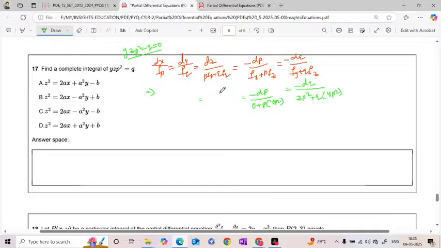Next one, dx by fp is 2yzp and fq is minus 1, and dz by p fp plus q fz is 2yzp minus 1.